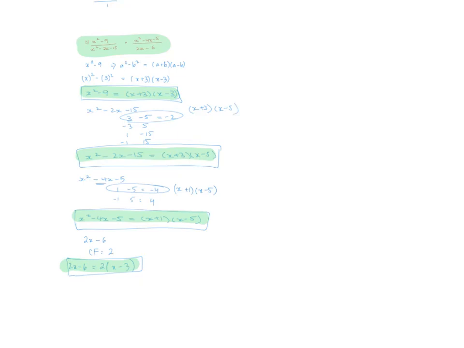So I had x squared minus 9, so I could rewrite that as x plus 3, x minus 3. And that was over x squared minus 2x minus 15, and I could rewrite that as x plus 3, x minus 5.